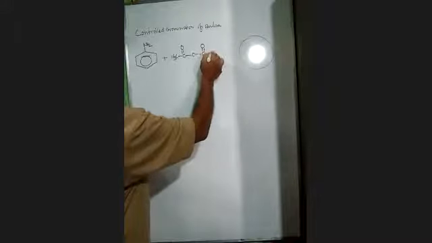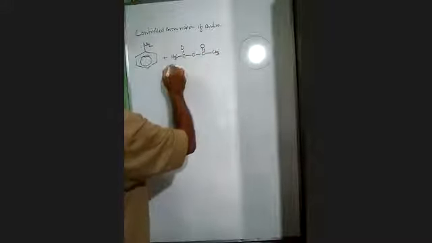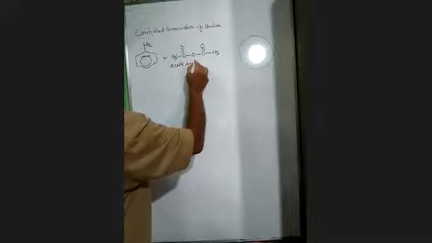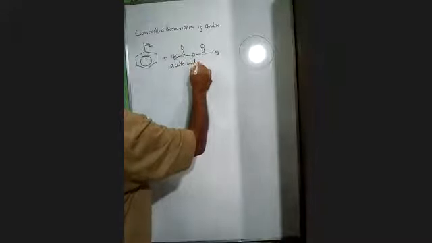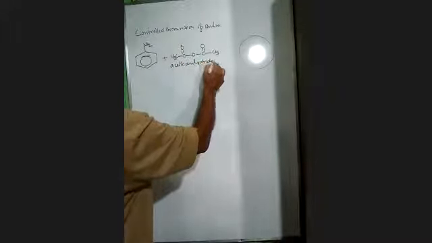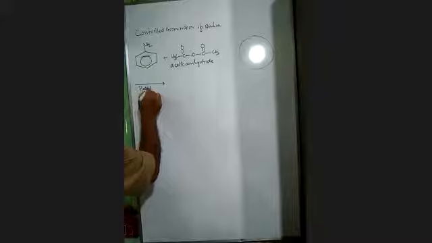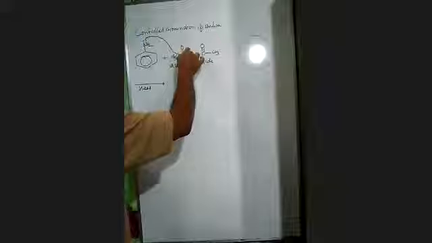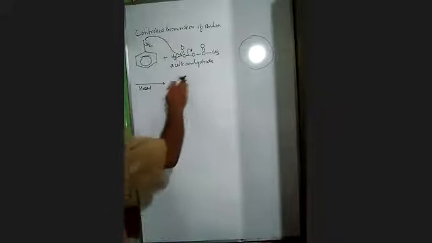So what we'll do, we'll take acetic anhydride, and we'll hit this one, and it will undergo acylation.